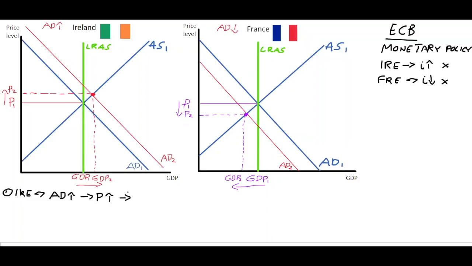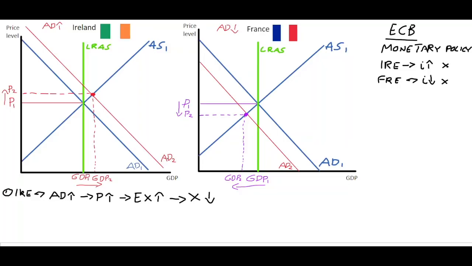When prices go up in that economy, the exchange rate, the value of the punt, the Irish pound, would tend to rise. It would appreciate in our terms. An appreciation of an exchange rate causes the export level of that economy to drop because the prices of your goods and services become more expensive internationally.